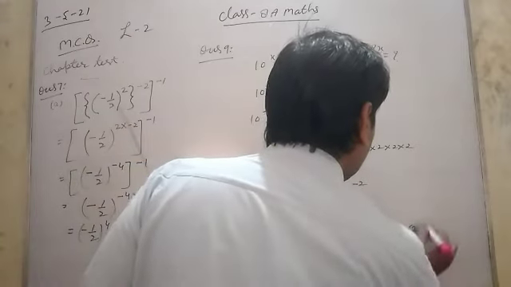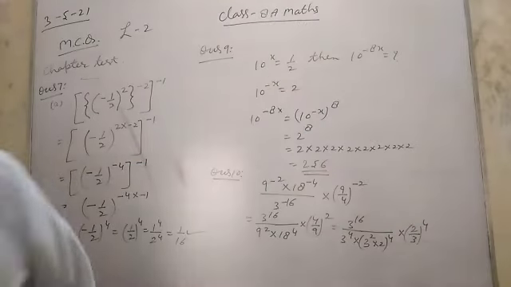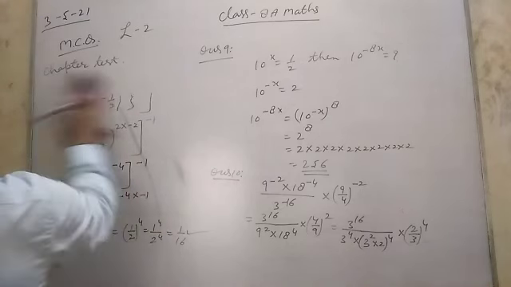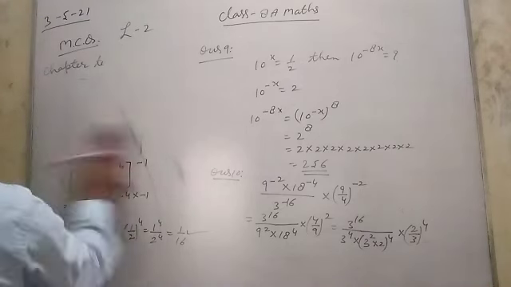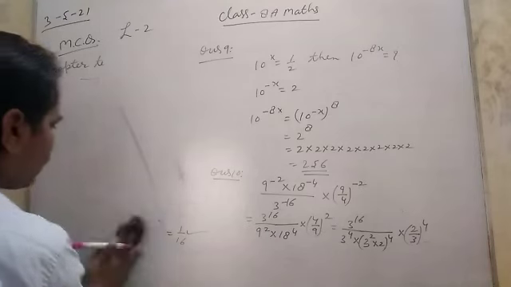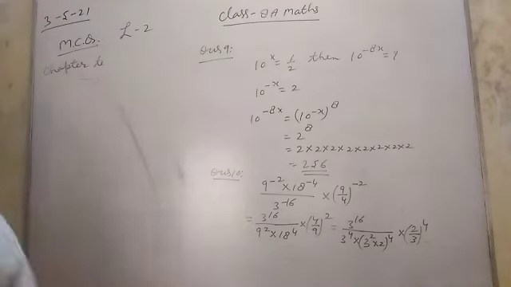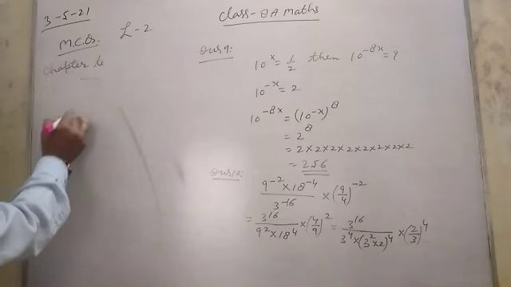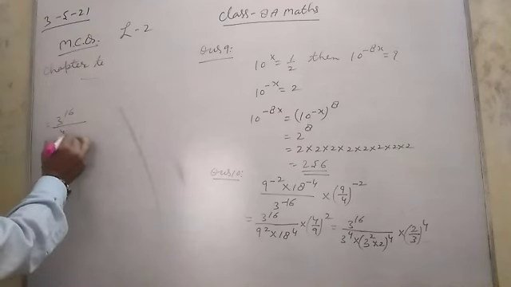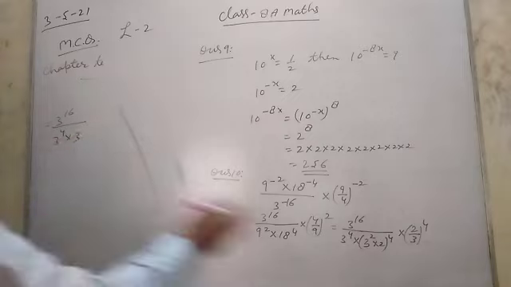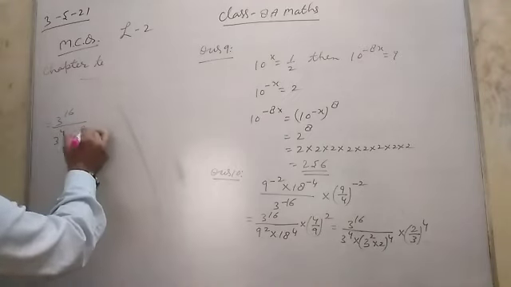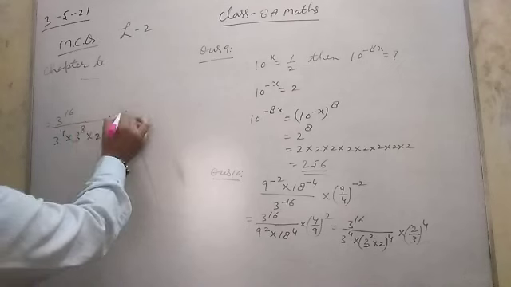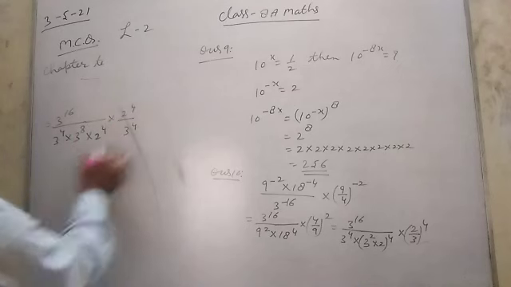So 2 by 3 power 4. Space is not there, so here I am doing. So 3 power 16 upon 3 power 4 into 3 power 2 power 4, so 3 power 8 into 2 power 4 into 2 power 4 upon 3 power 4.